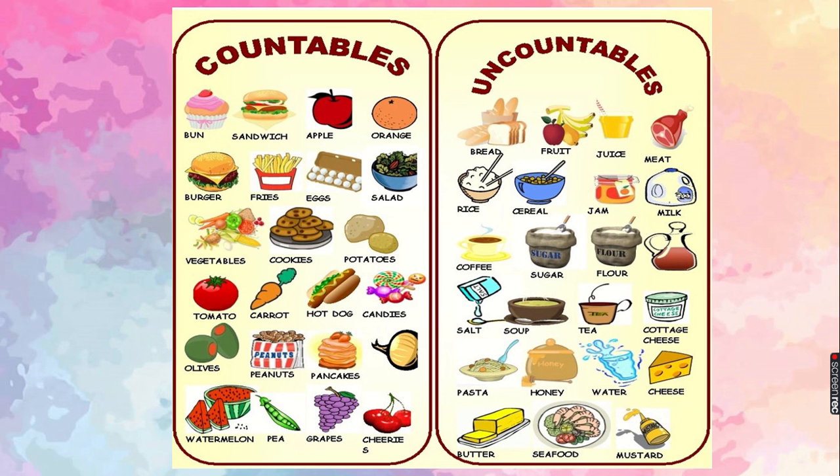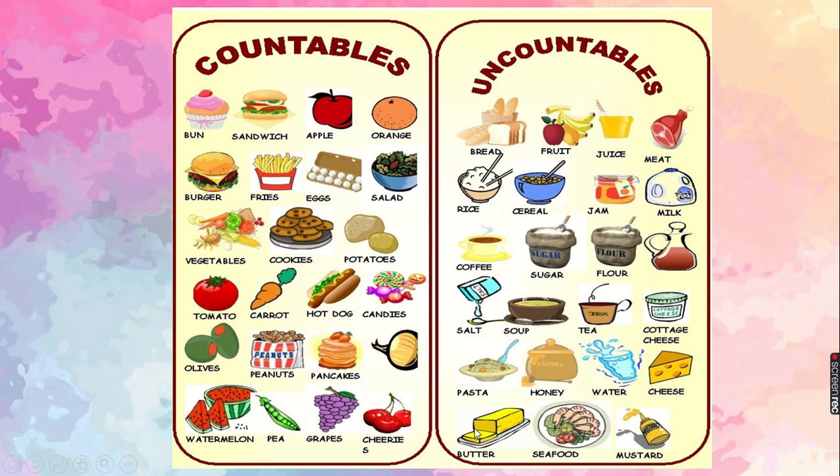Or there is some soup. I love some soup. Tea. We don't say teas, okay? We can say there are 4 cups of tea. Or we can say there is much tea. There is some tea. Cheese or cottage cheese, that's just a kind of cheese.